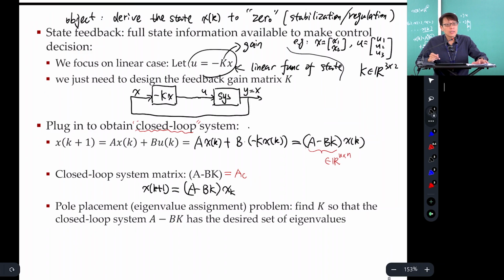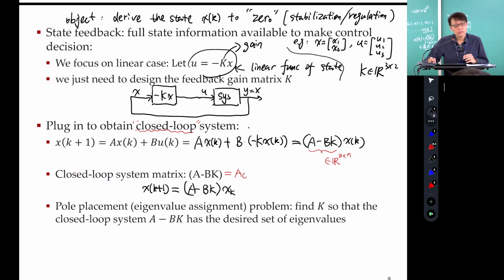You see what I mean? I also mentioned before, sometimes you don't have control, not because you don't have control, but because you plugged in your control law. So everything depends only on your system state. This is called the closed loop system behavior: A minus BK times x_k.